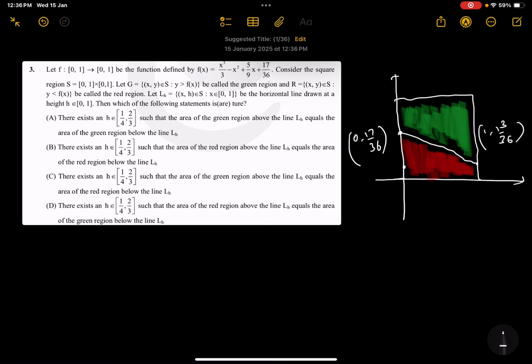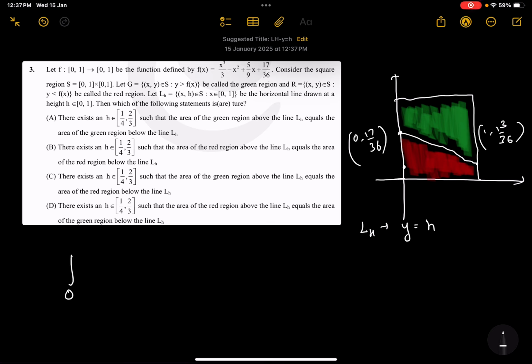L_h is the line y equals h. So let's first find the area of the green region, or say the area of the red region.